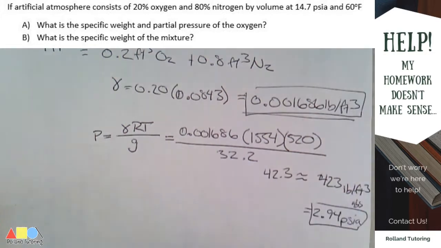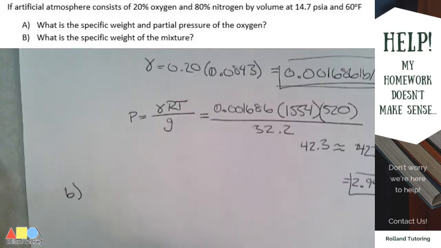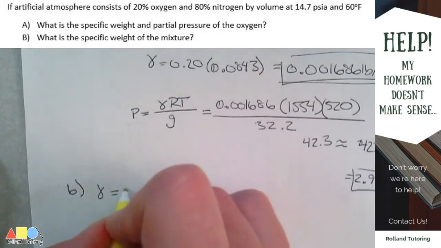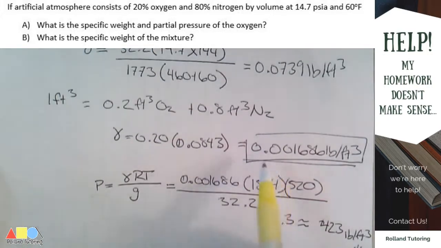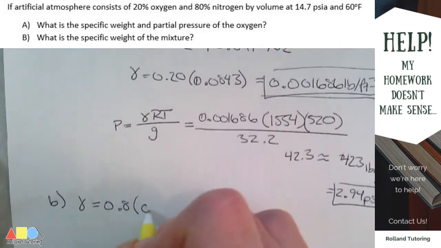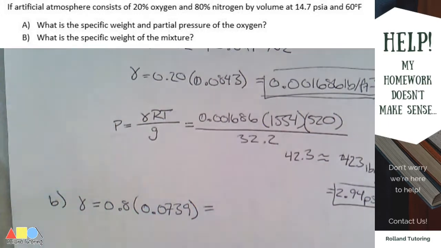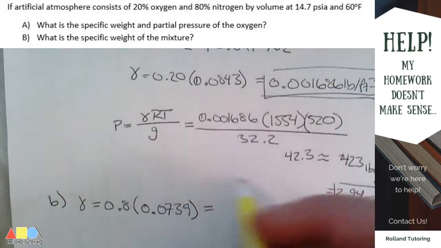So for our 80% nitrogen, we can do our specific weight equals 0.8 times the one we found way back up here, 0.0739, which will give us 0.0591 pounds per cubic foot.